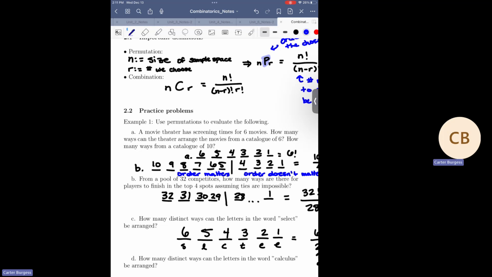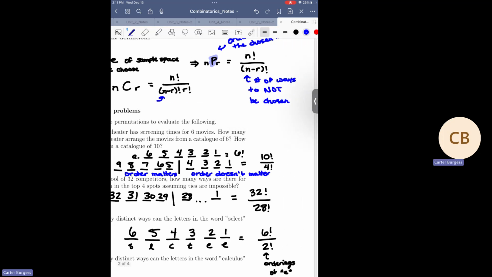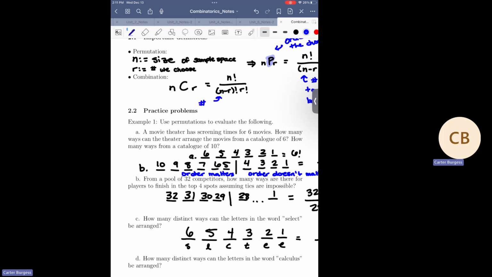Which is to say, this is the number not chosen, and this is the number chosen. And what that does is it eliminates order from the picture. This is choosing without order.